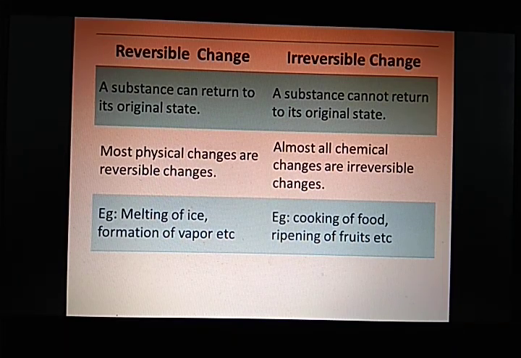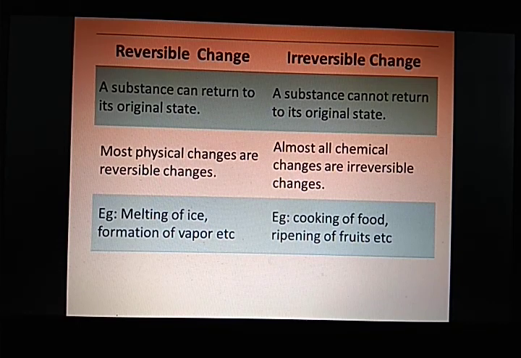For example, melting of ice, it's a reversible change. Ice is solid, so ice melts and it forms liquid. So water in the liquid state and ice is water in the solid state. So solid water melts to liquid water, and after this melting, if we cool this water, we are getting back the solid water again.